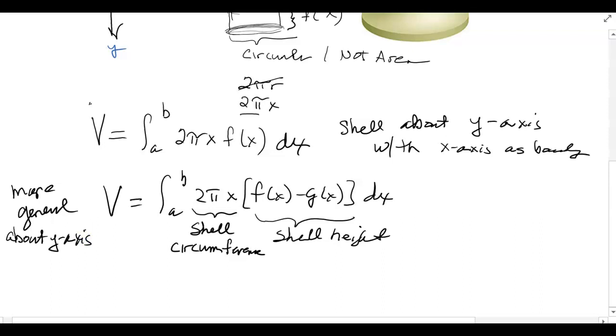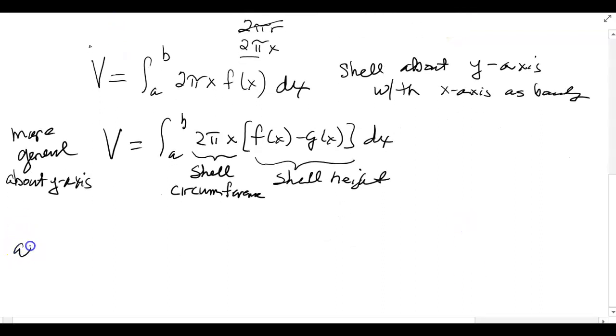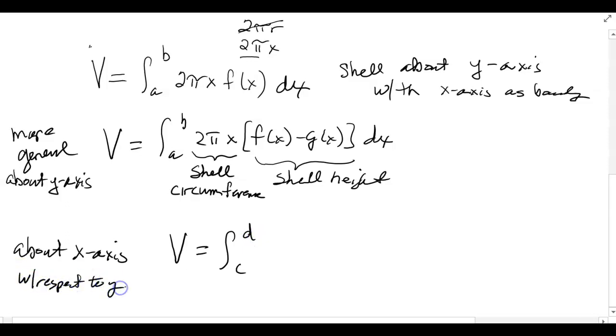We've done enough of these now that you can, I would assume, change that to a shell about the x-axis. If we want to revolve it around the x-axis, remember, we're actually differentiating with respect to y.